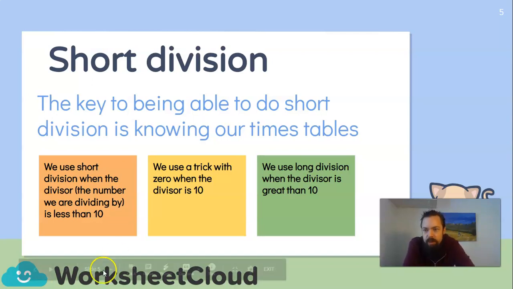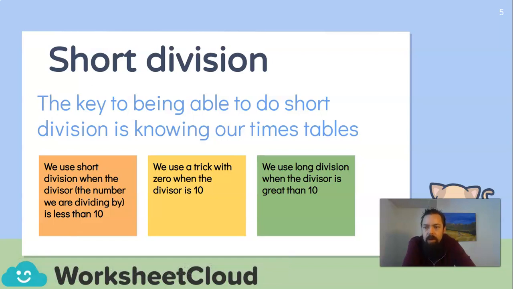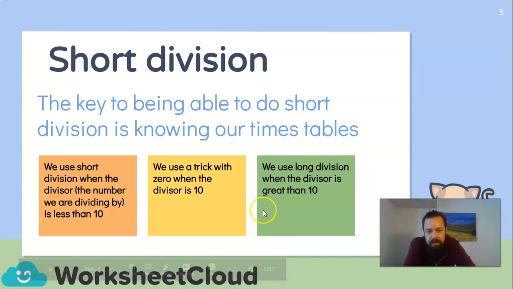So first off, we use short division when the divisor, which is the number we are dividing by, is less than 10. When it is 10, we're going to use a trick, which I'll show you. And when it's bigger than 10, so 15, 20, 35, we would use long division. Generally, it's when you're not so comfortable with the times table that you're using.